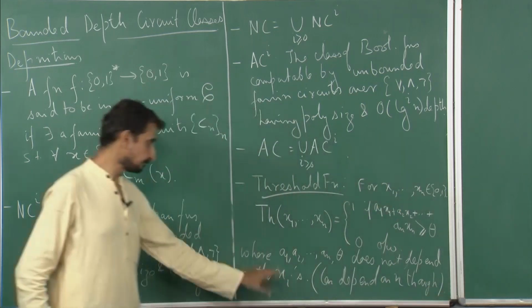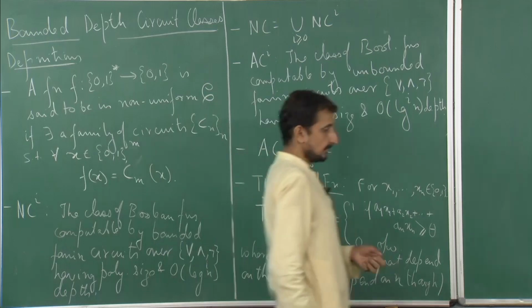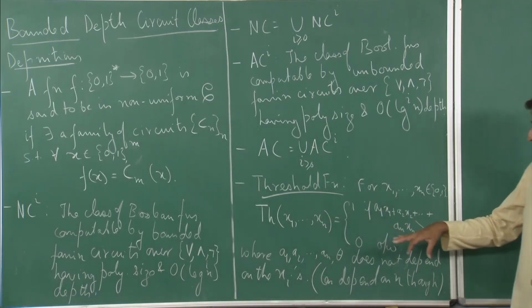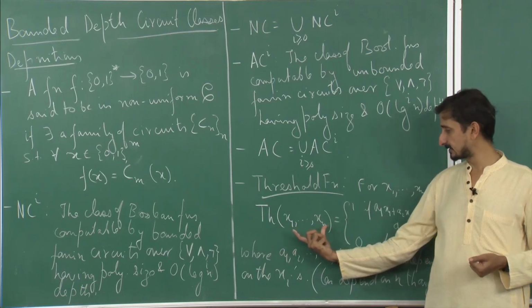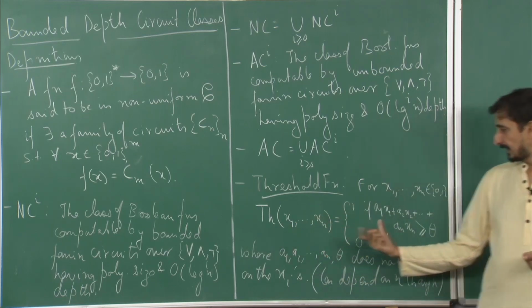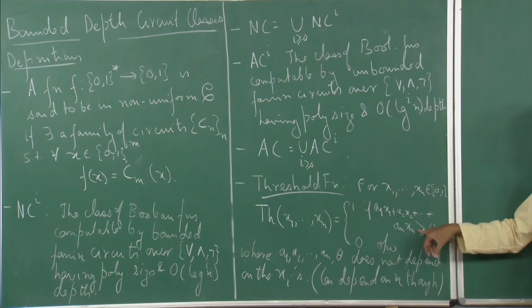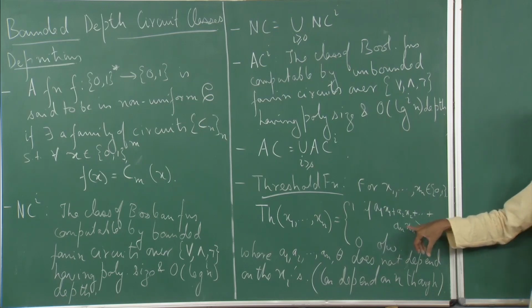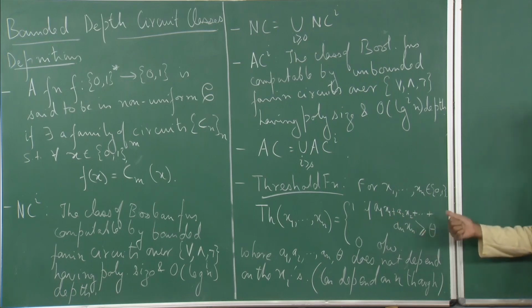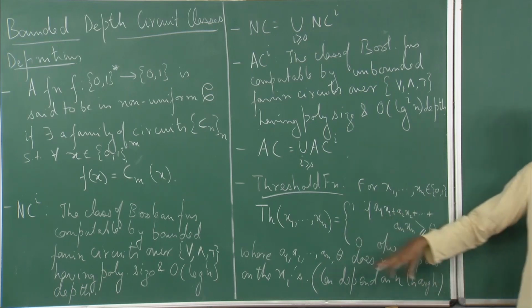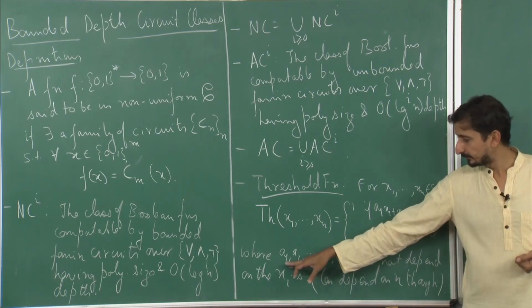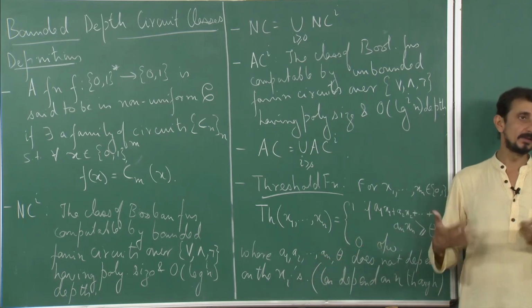Okay, so, let me just explain this. So, what we are saying is that basically we have this threshold function which takes n bits and it will output 1 if this sum a1 x1 up to an xn is greater than or equal to theta, and output 0 otherwise. And think of these a1 up to an and theta to be constants.